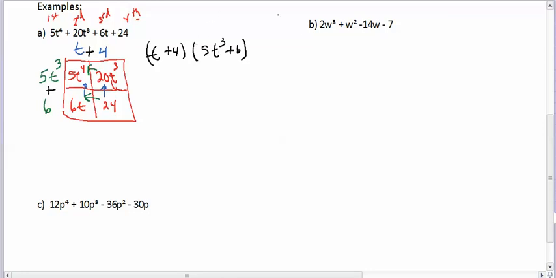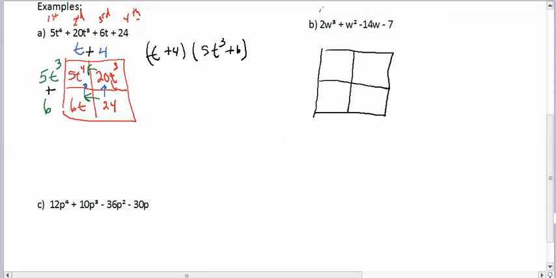Okay? Alright, the next one. I look to see, can anything be factored out as far as numbers? There's none, because that's a 1. There's nothing in common, and they don't all have a w, so you cannot factor anything out of there either. So make my box. It's a 4-term, so I need to make sure that my terms are in the specific order.